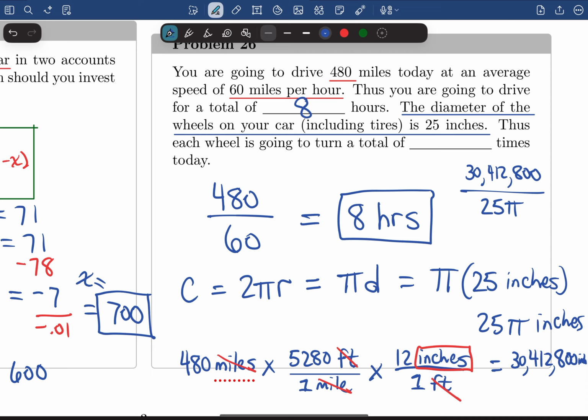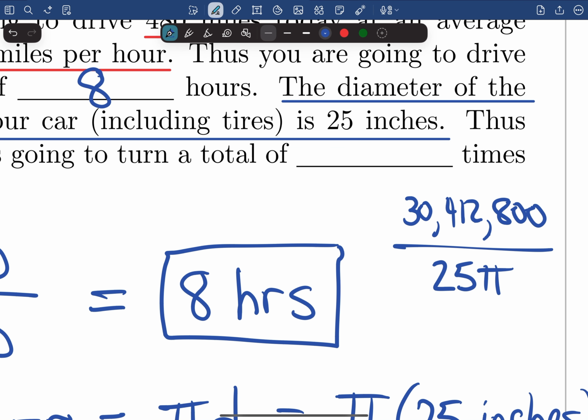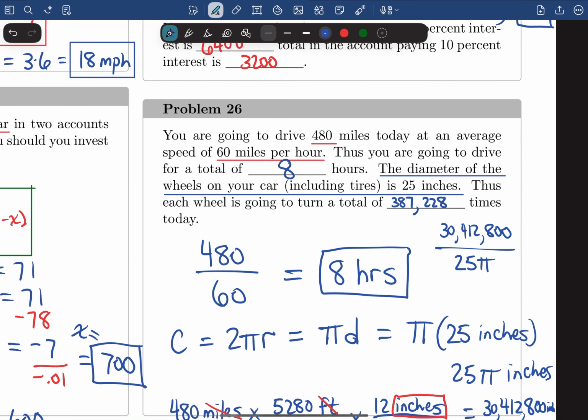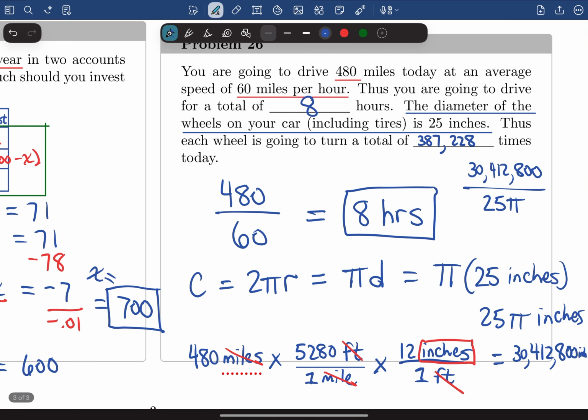Okay, and so computing that, well, that gives me, if I round to the nearest revolution, 387,228 times. Okay, so that's how many times my wheel turns when I drive 480 miles if my wheel has a circumference of 25 pi.